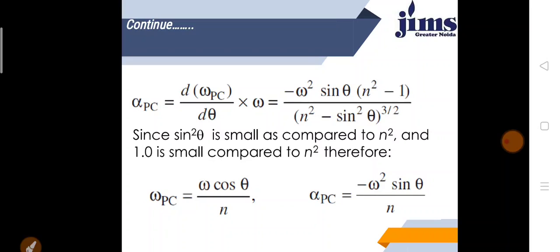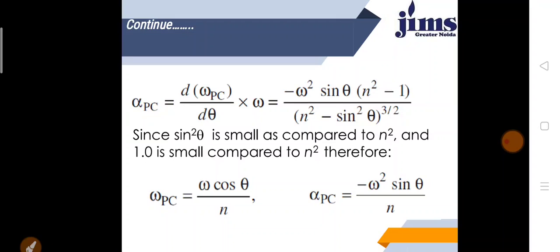There are two conditions. When theta is a very small angle, sin square theta is very negligible compared to n square. So we neglect sin square theta as small compared to n square, that means we put its value equals 0 here.